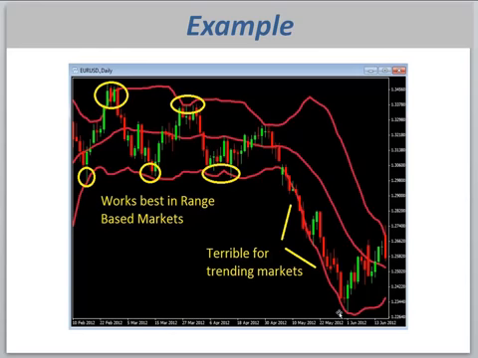Most traders will tell you that Bollinger Bands do best during range-based markets. When markets aren't moving much and you're stuck in certain ranges, then Bollinger Bands are awesome. But if there's a lot of news in the market, or a trending market, then they will be terrible. As you can see in this chart, the price stayed oversold for a long period of time.